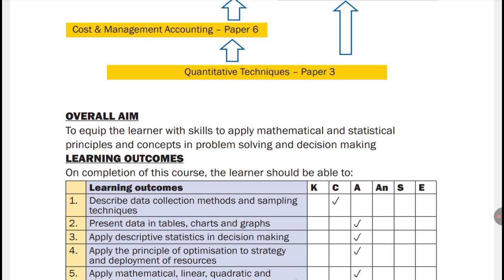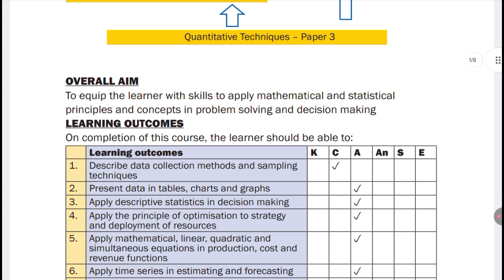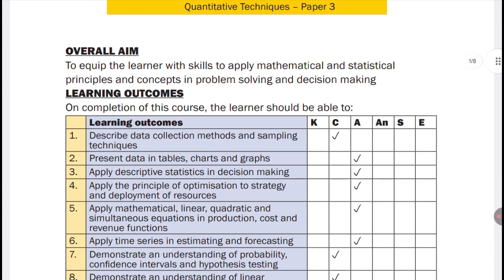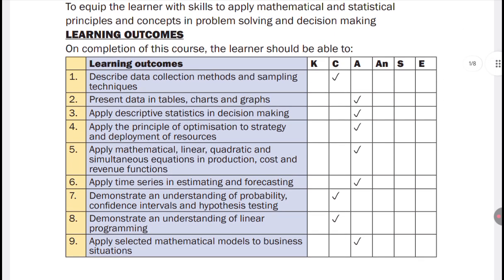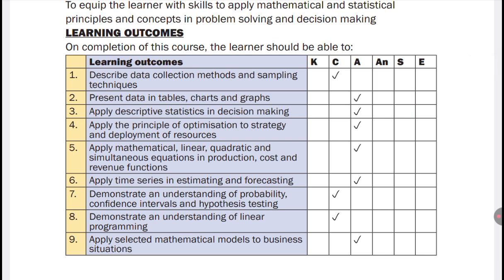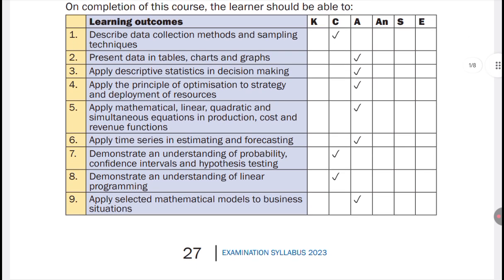So we are basically looking at this course, and the overall aim is for you to get the skills and knowledge that you need to be able to apply both the mathematical and the statistical principles and concepts to help you make a decision about the different aspects. So those are some of the learning outcomes that I expected.